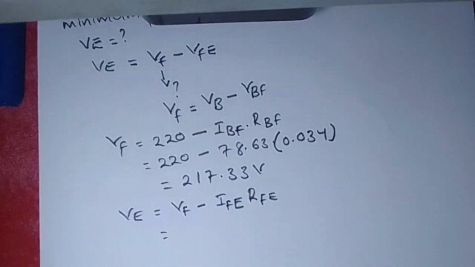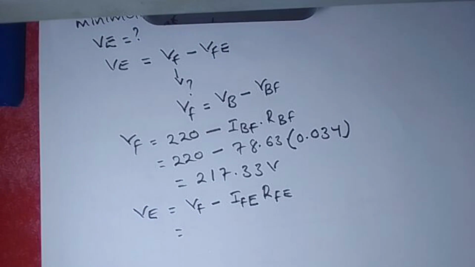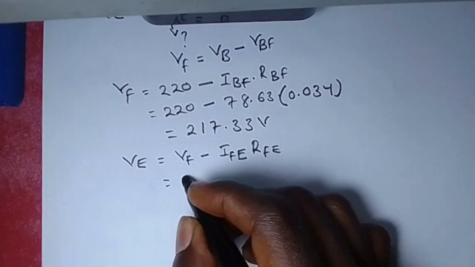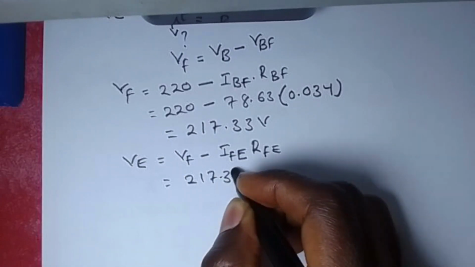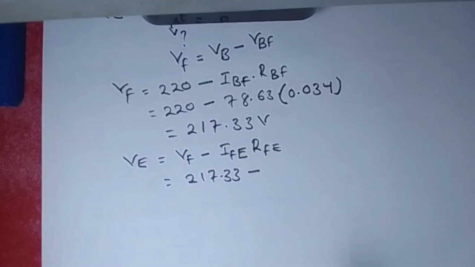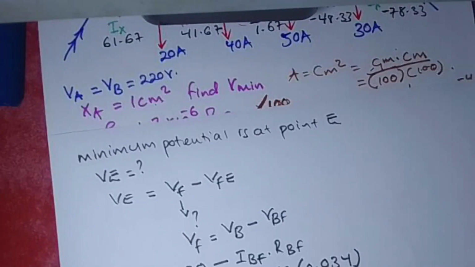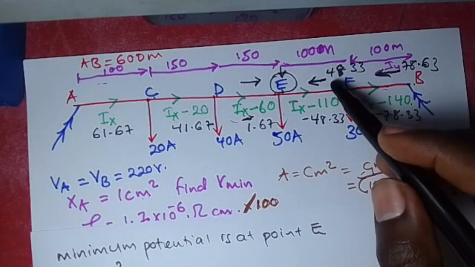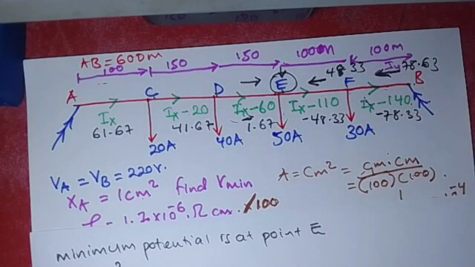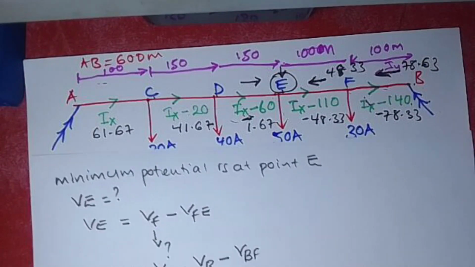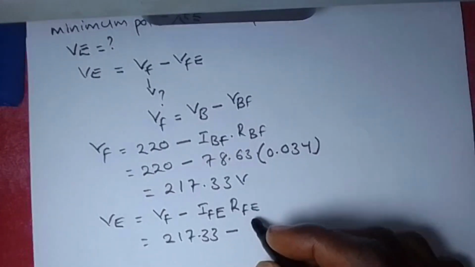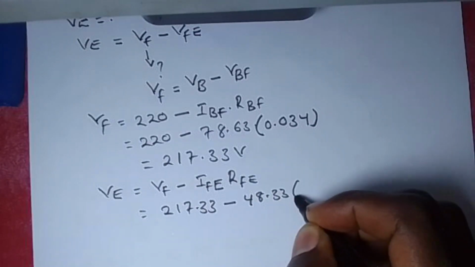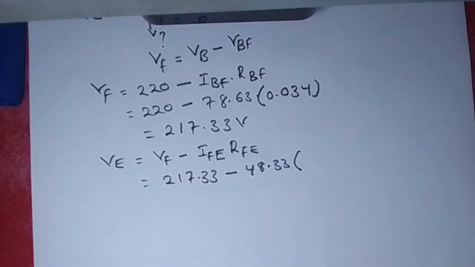So VF is going to be the value we calculated here, 217.33, minus our IFE, which is the current flowing in this section that we have calculated, 48.33. So we take that value of 48.33 and feed it into the equation to give us 48.33 times the value of resistance RFE.